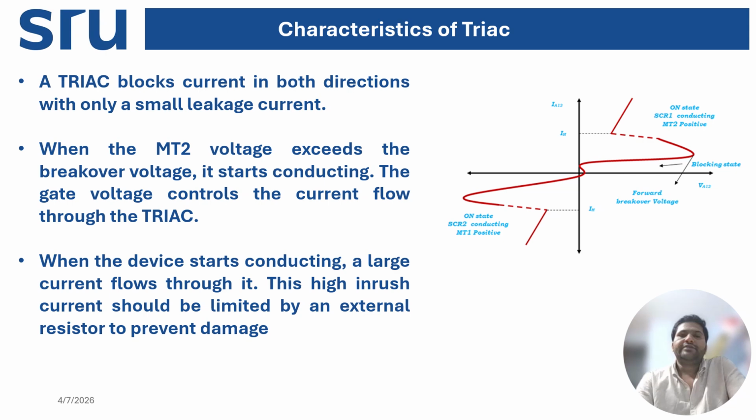At the moment of switching, a high inrush current may flow, and this sudden current can damage the device. So symmetrical operation, the IV characteristics are symmetrical in both quadrants. This means the TRIAC can conduct in positive half cycle and negative half cycle. That's why it is ideal for AC circuits.